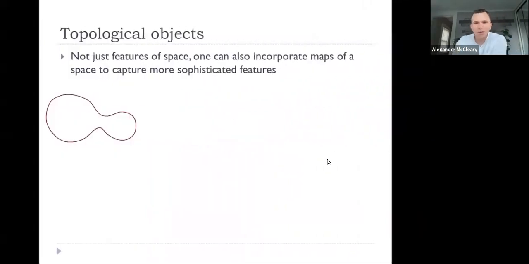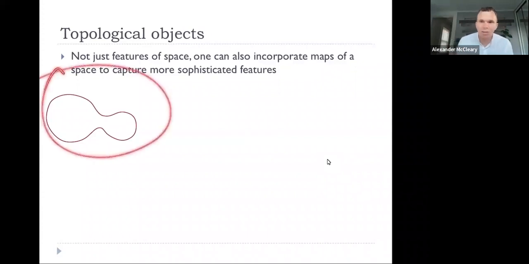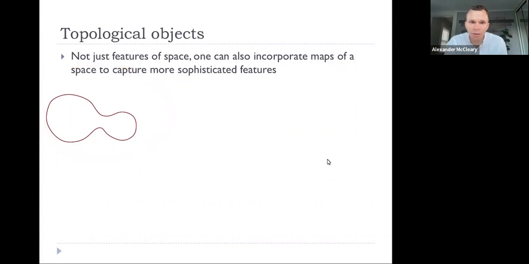Okay, so now we're going to take a brief peek into persistent homology, which is the main tool we're going to use in topological data analysis. What we're starting with here is this shape right here. This is like a pinched circle. Now, topologically, this is homeomorphic to a circle. It's just drawn in a weird way, but this is topologically a circle.